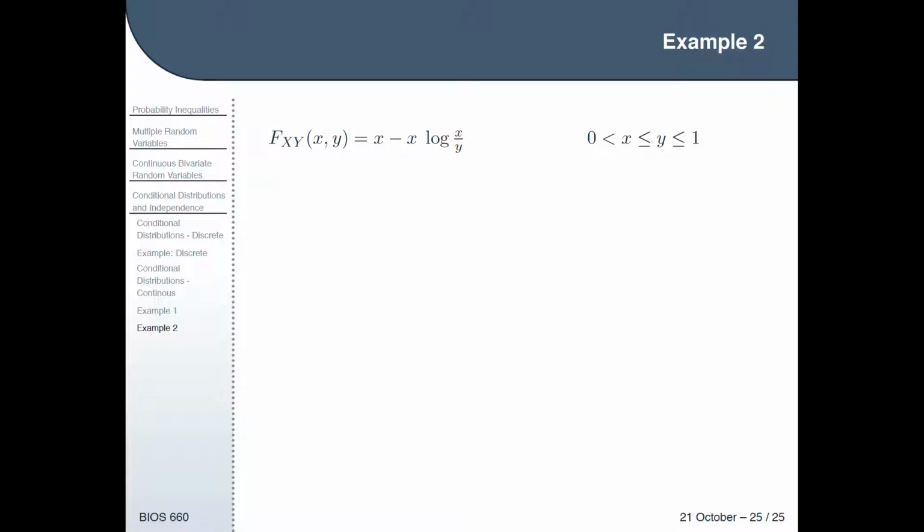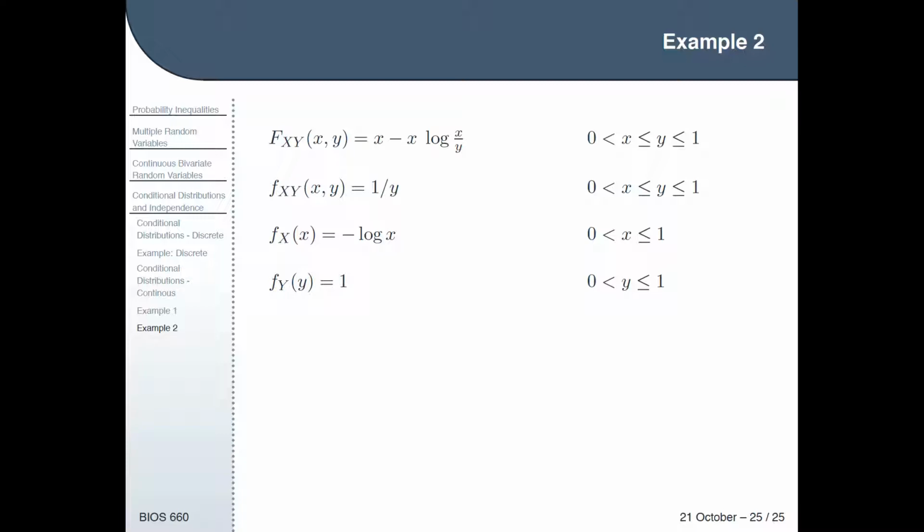So now the more convoluted example, where the joint CDF is x minus x log x over y. As we saw a couple slides earlier, the joint PDF is 1 over y, the marginal PDF of x is minus log x, and the marginal PDF of y is 1.